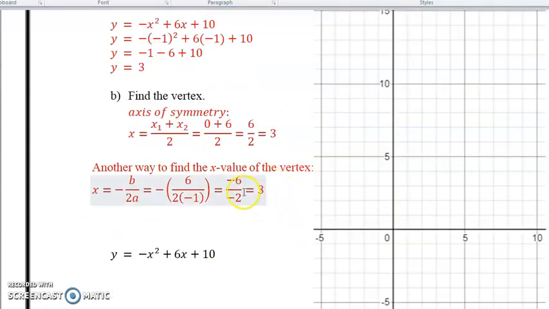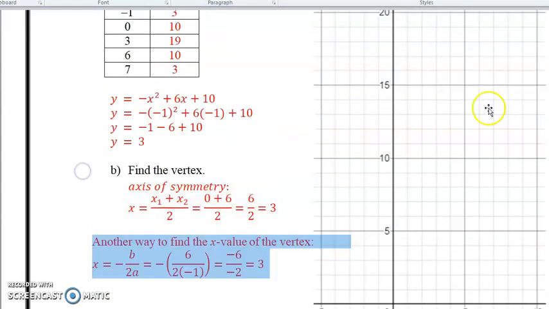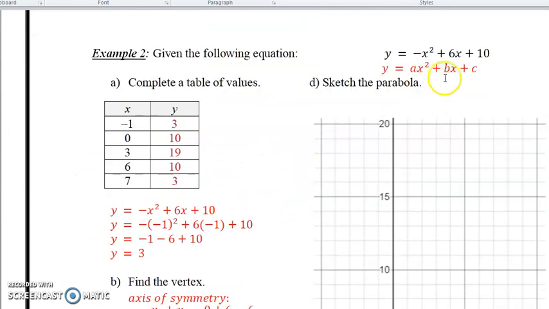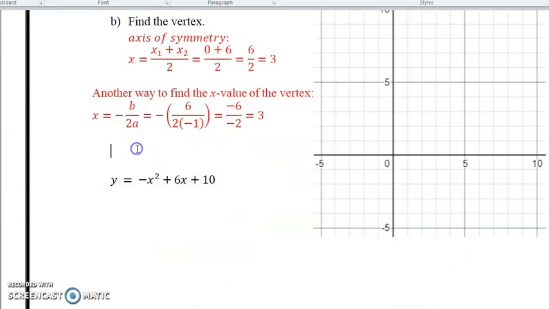So that's just another way to find it. I'm just showing another way to find the x value, and this will work all the time as long as you have the equation in standard form. All right, and remember to calculate the corresponding y value. To calculate the corresponding y value, just put that value in for x, 3.